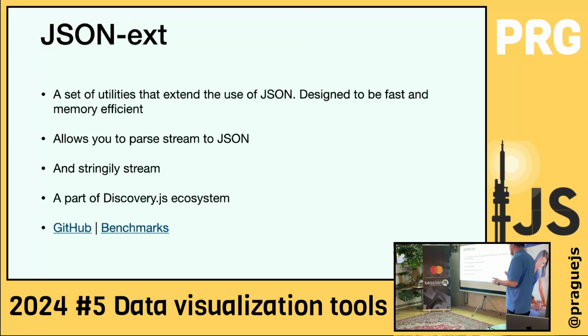JSONX is a set of utilities which allow you to stream parse or stringify streams, for instance. So you can have this tool and overcome these limitations with strings and JSON parsing. It's a part of the Discovery.js ecosystem as well. You have the GitHub link here and benchmarks if you're interested.